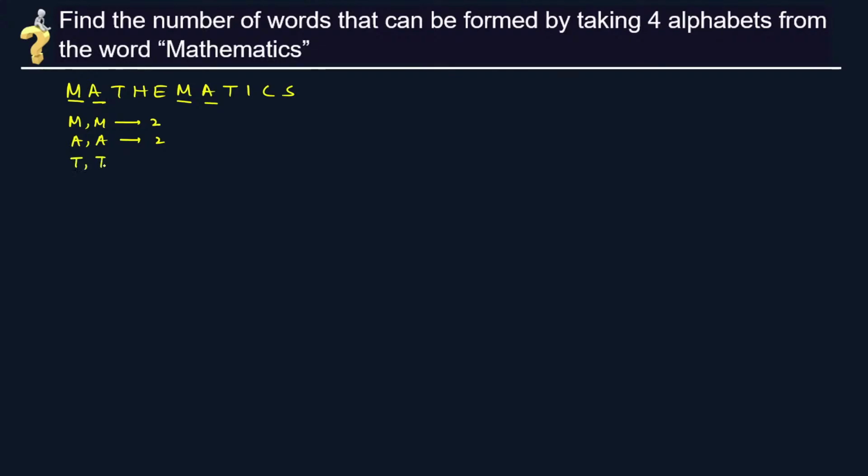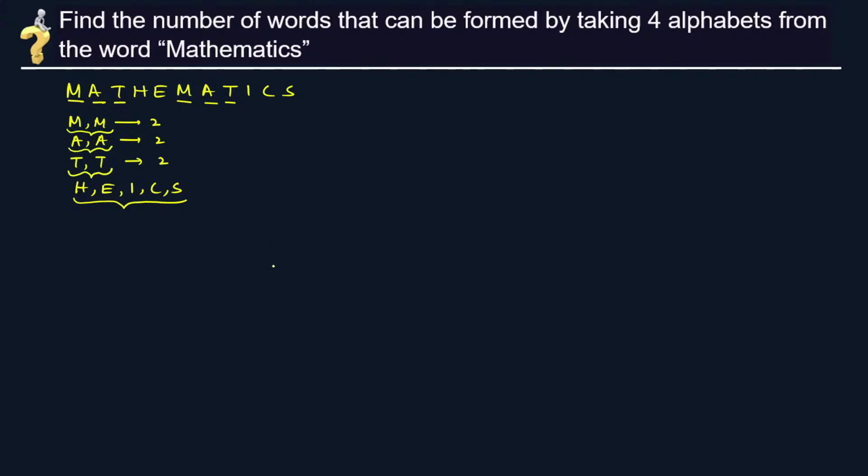Yes, 2 T's are there. And the rest are all different: H, E, I, C, and S. These are all distinct alphabets. But 2 M's are there, 2 A's are there, and 2 T's are there.